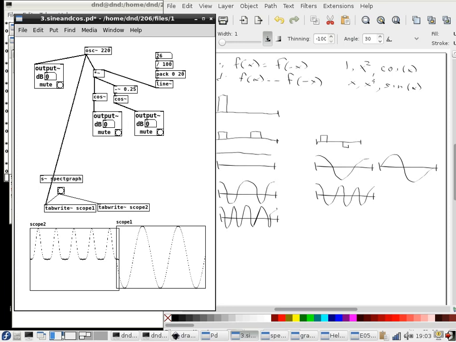All right. And of course, cosine is a nice even function, sine is an odd function, and so we will hear it down an octave, odd harmonics only, right? Now, those of you who have ever used a Buchla synthesizer know that it's really cool to have a whammy bar that changes you between even and odd harmonics.